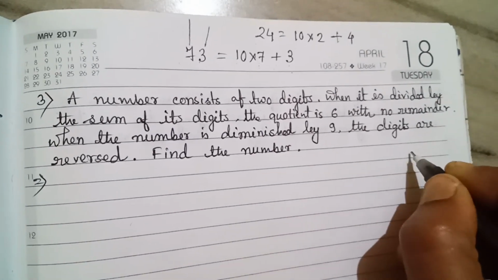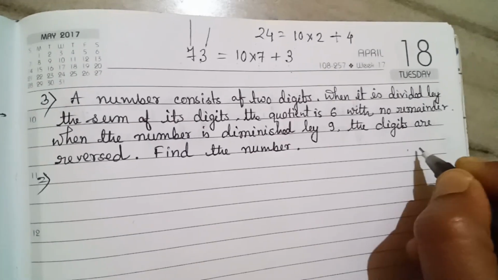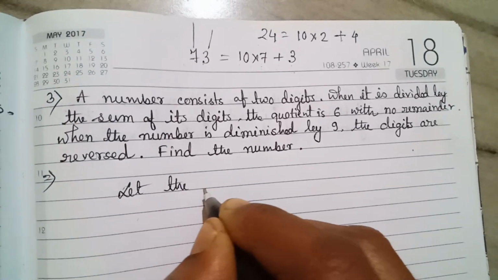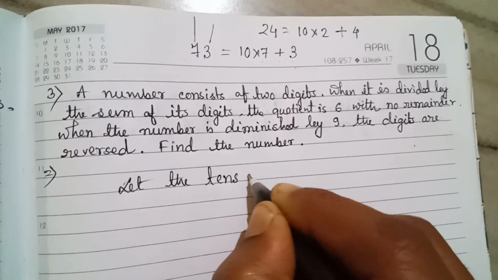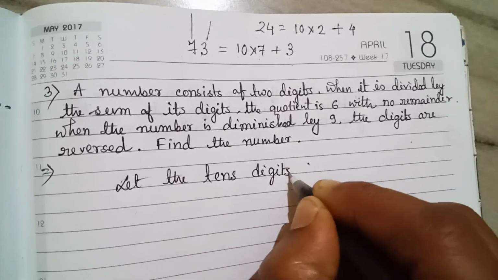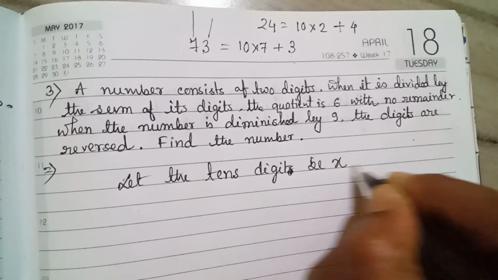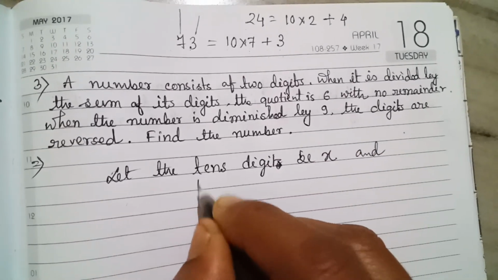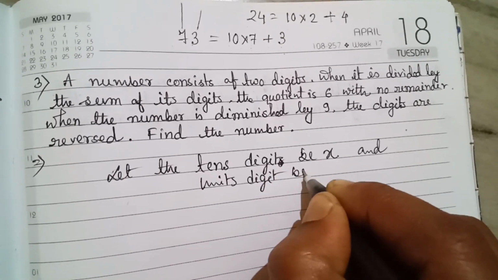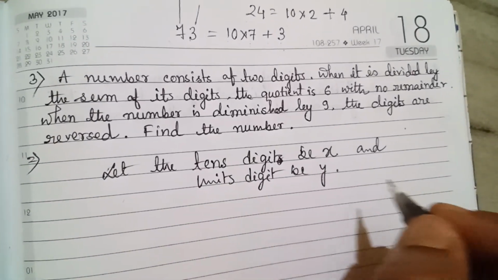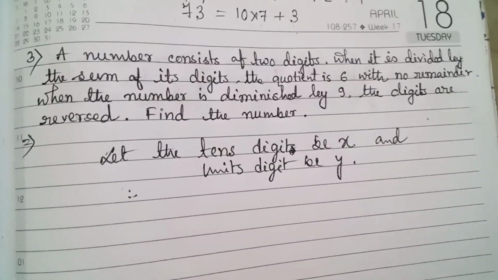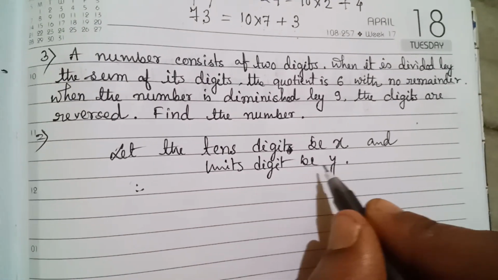Suppose we take the digits like this: let the tens digit be x and the units digit be y.